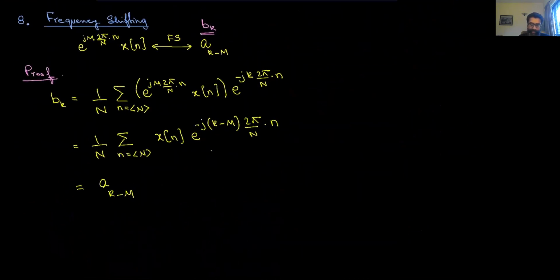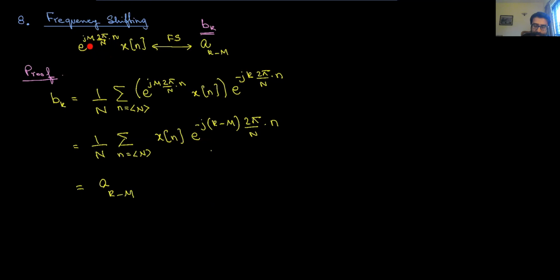So frequency shifting is a property that I've done a proof of. Like in the continuous time, it may be applicable too, by the way. You read it in the textbook, although we did not explicitly talk about it in the recorded modules. So it just says, if I multiply the discrete time periodic signal with this exponential, and this exponential is not just any exponential, this has a particular form.